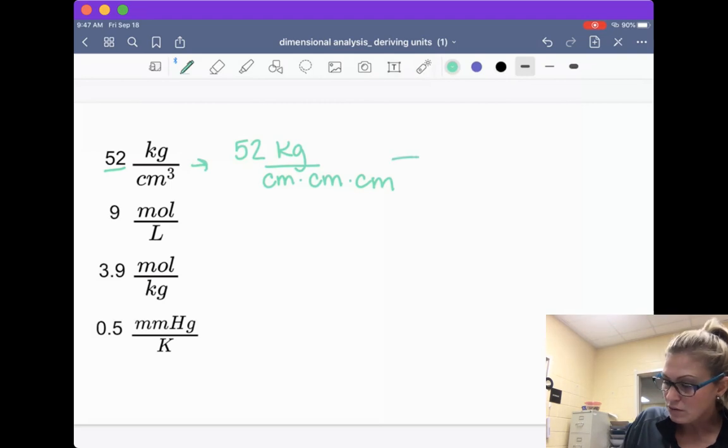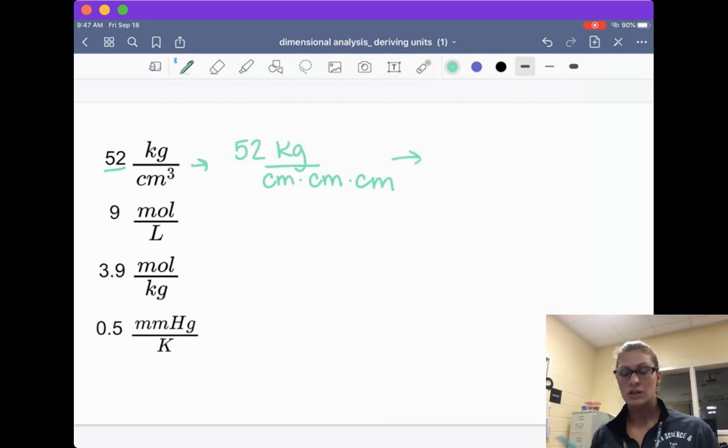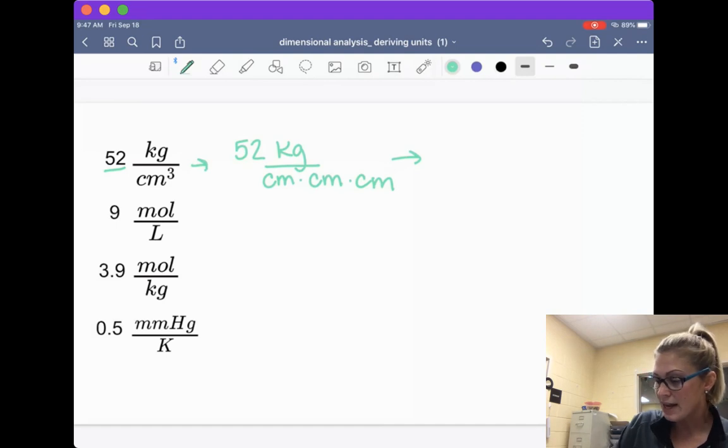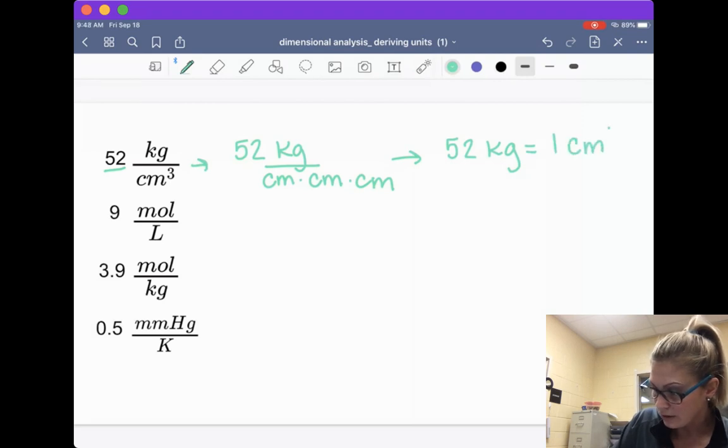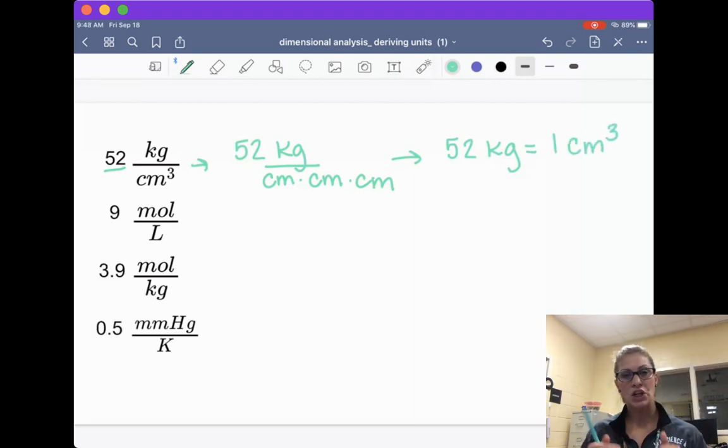Well, we can also look at it in the eyes of a conversion factor. If you remember when we were looking at metric conversions, this is an equality statement. This equality statement says that 52 kilograms of mass is equal to 1 centimeter cubed. So now that we can look at this two-dimensional unit that we derived through unit conversions, we made it into an equality statement.